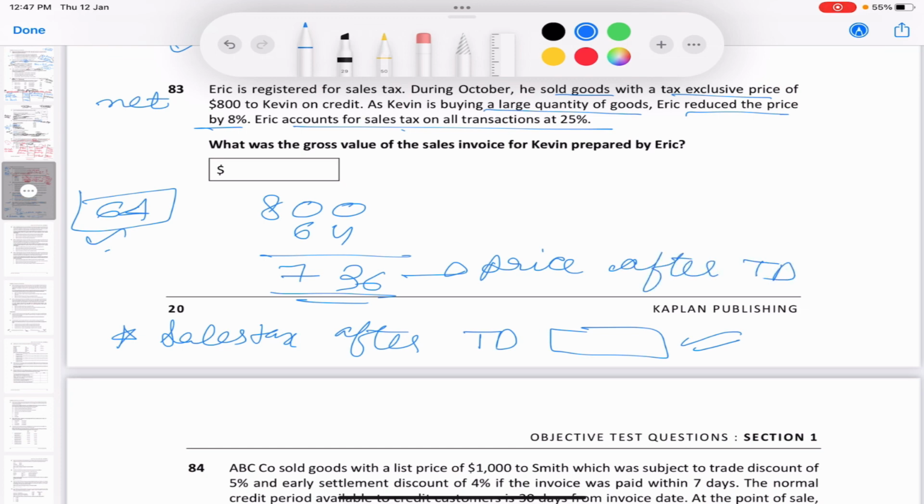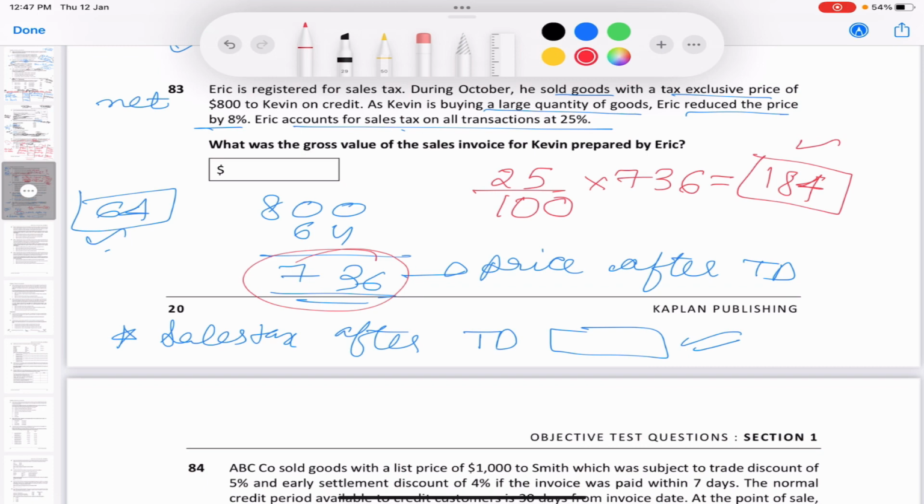Okay. What after that? Now let's find the tax on the value after the trade discount. 25%. This is the net value. So 25% of 736 is gonna be 184. So my sales tax is 184.